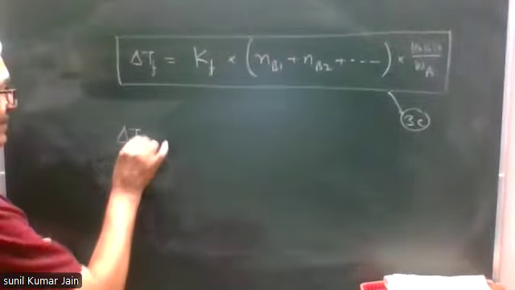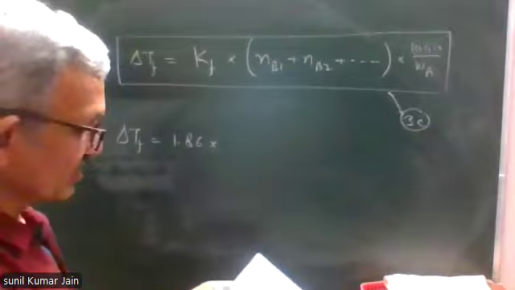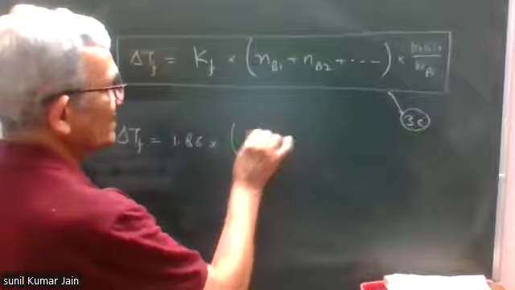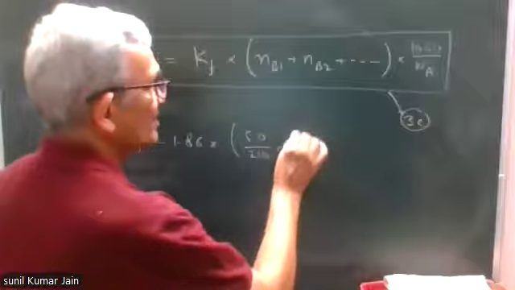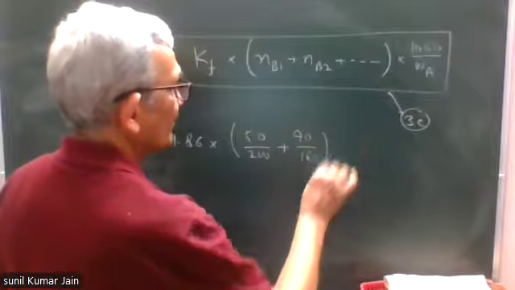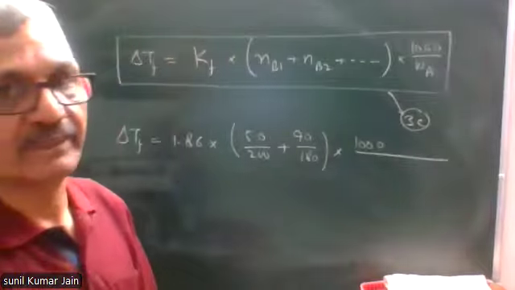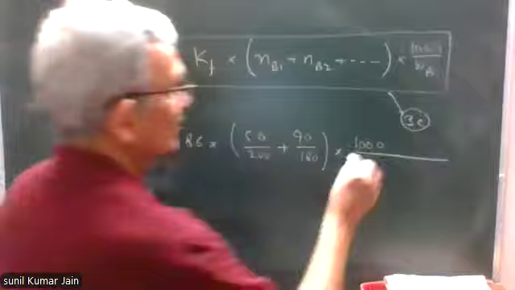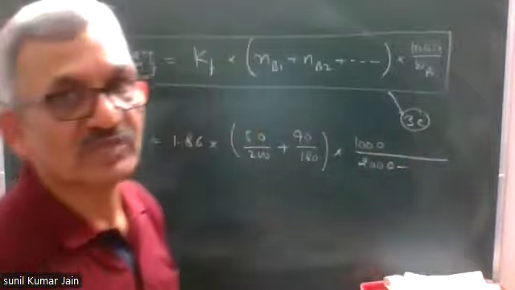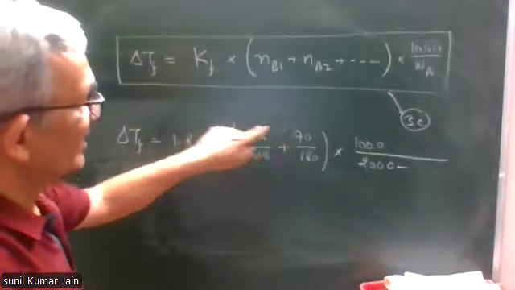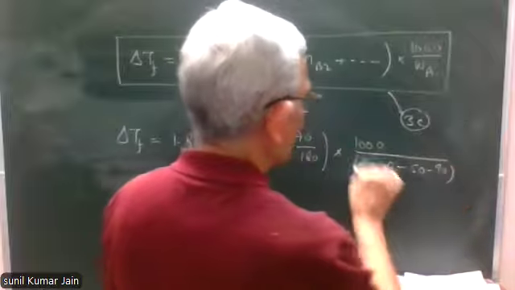So delta TF will be equal to Kf times number of moles. One solute is 50 grams divided by molecular weight. The other solute is 90 grams divided by molecular weight, into 1000 divided by weight of solvent, which will be 2 kilograms, that is 2000 grams, minus weight of both solutes, minus 50, minus 90.